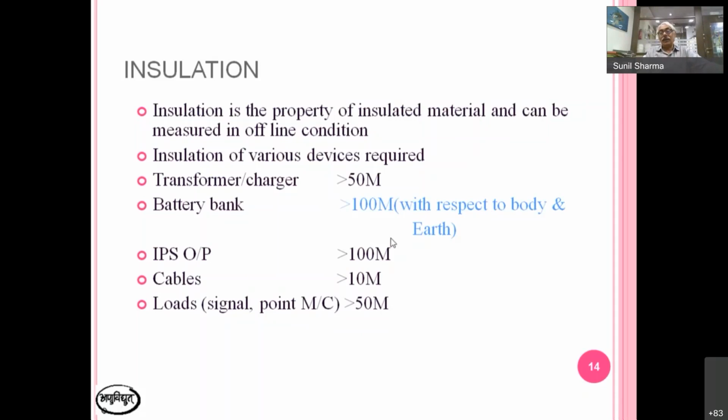So the body should have 100 megaohm. Even when clean, it is 1000 megaohm, but the requirement is 100 megaohm because so many batteries are in parallel and the total becomes very low. So 100 megaohm is the minimum requirement, and it can be measured. I will tell you how to measure it.